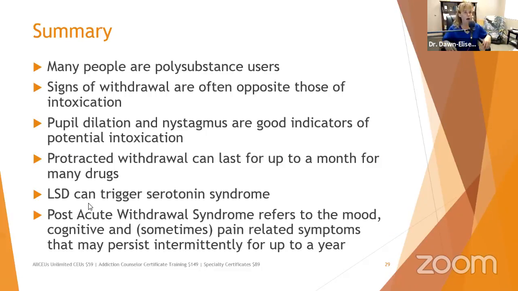You have hot and cold spots. And that's kind of what protracted withdrawal and post-acute withdrawal are like. Because the initial issue, you've quit using, but you're getting restabilized and everything is evening out now. So there could be little spurts or hot spots, if you will.